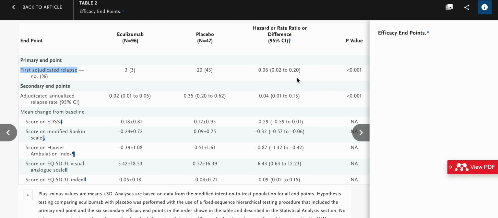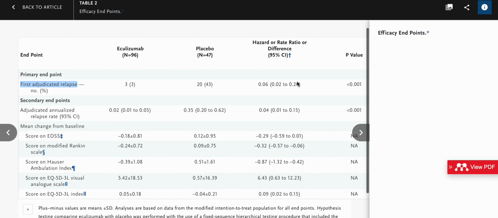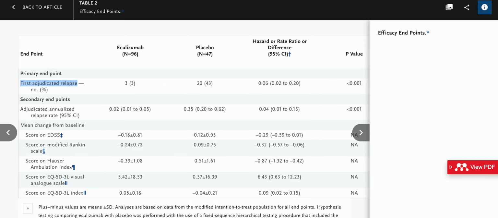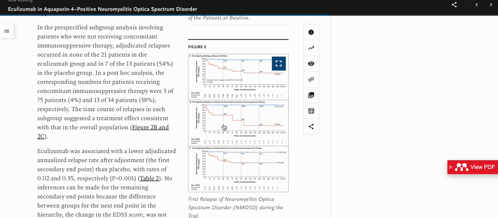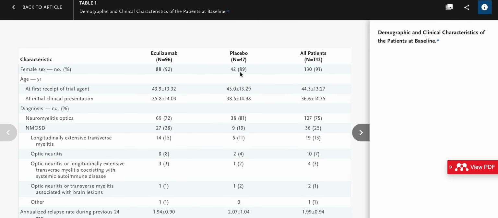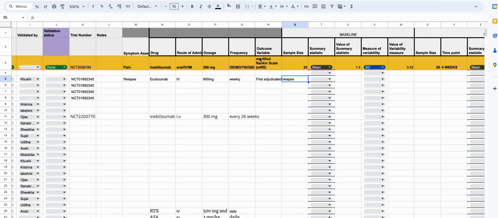Then for baseline I would have to enter the data of sample size, right? So I would just select the baseline table, and in the baseline table they have told that 96 patients were receiving eculizumab, right? So I would enter it over here, and then mean summary statistic.